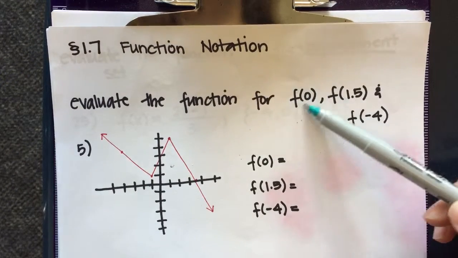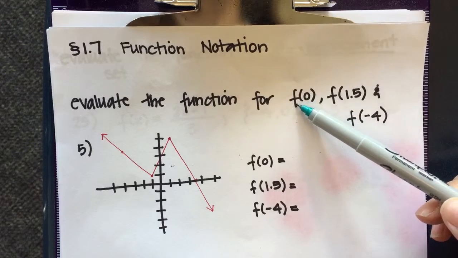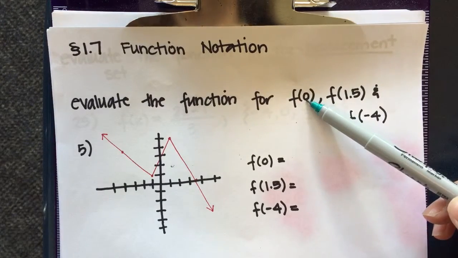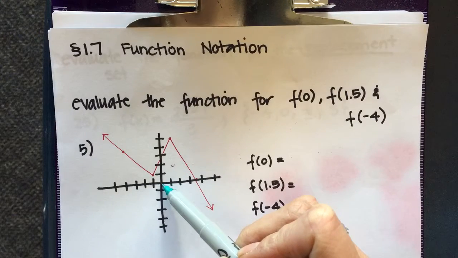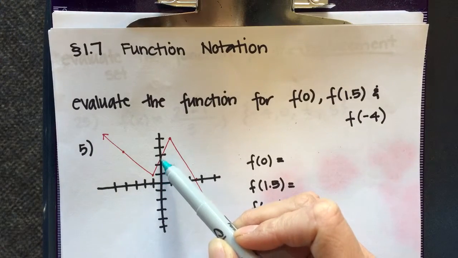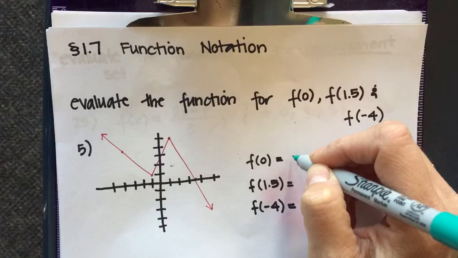So the value of the function is the y. What's the y coordinate of the function if the x coordinate is 0? So for f of 0, when x is 0, go up to the graph, and what is the y coordinate? When x is 0, y is 3.